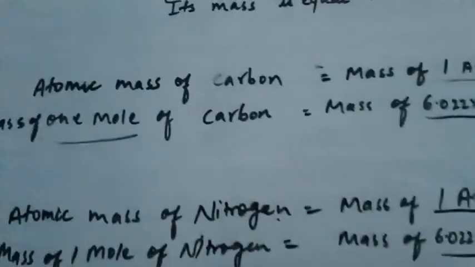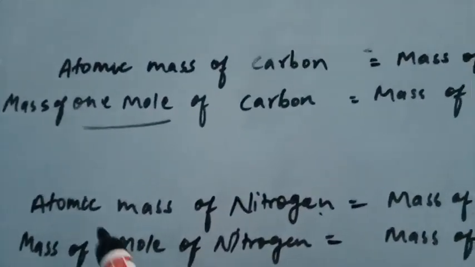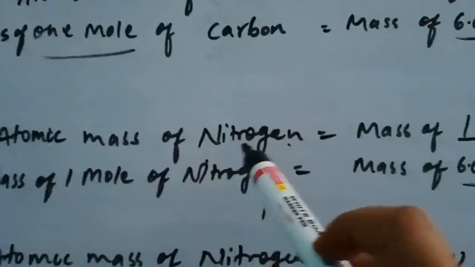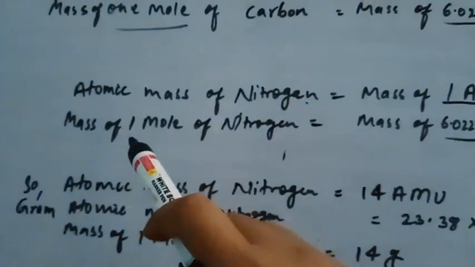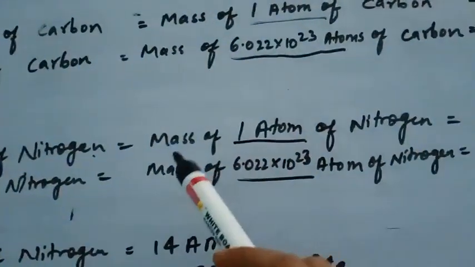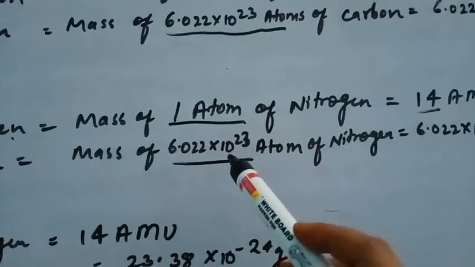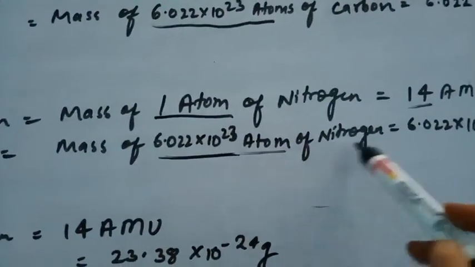For example, I'll show you one more example and you'll come to know. If we have to calculate the atomic mass of nitrogen: atomic mass of nitrogen means mass of 1 atom of nitrogen, and mass of 1 mole of nitrogen means mass of 6.022 into 10 to the power 23 atoms of nitrogen.